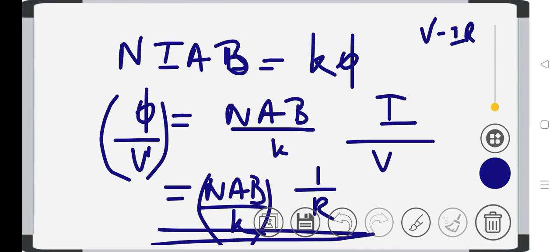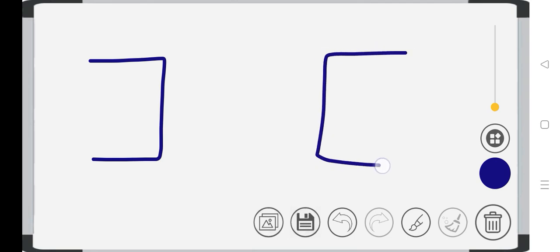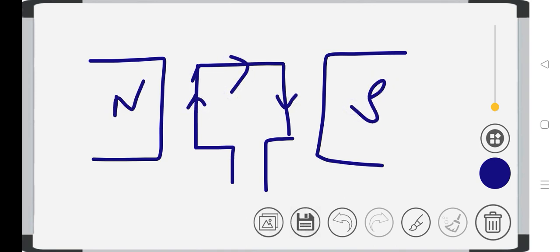Moving charges and magnetism. One more thing we learned here is the torque acting on a current carrying loop placed between magnetic poles. Suppose this is ABCD.